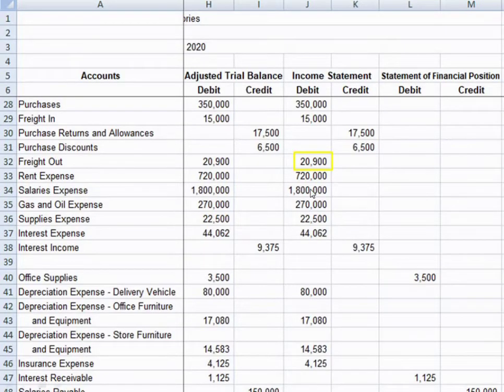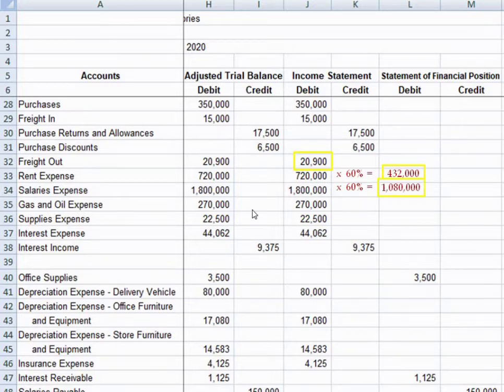Therefore, 60% of this rent expense is part of distribution cost. Likewise, 60% also of this 1.8 million pesos worth of salaries expense is distribution cost.